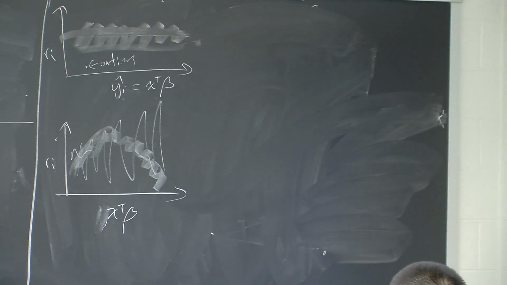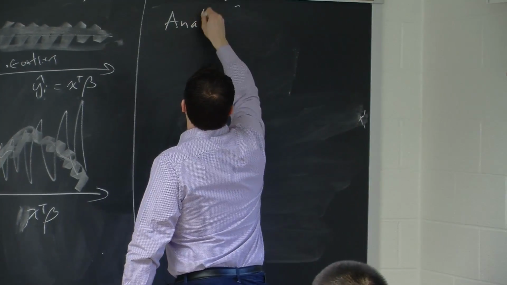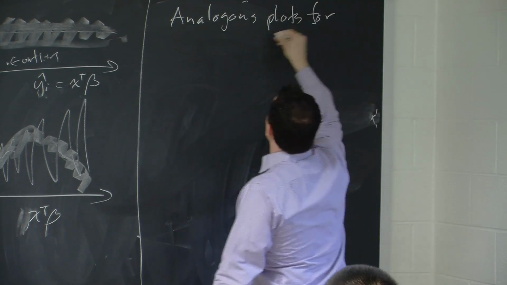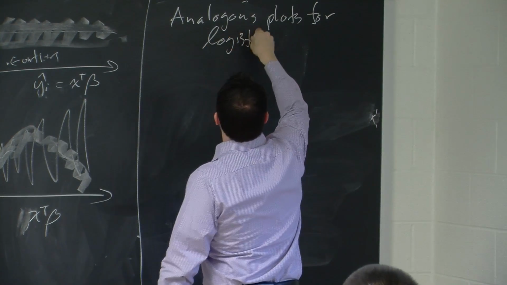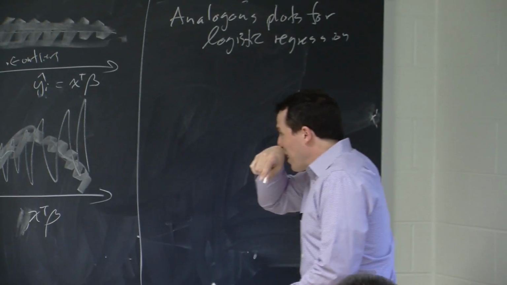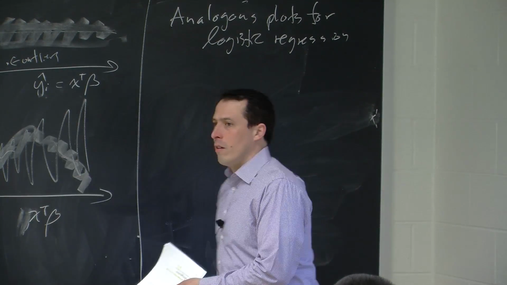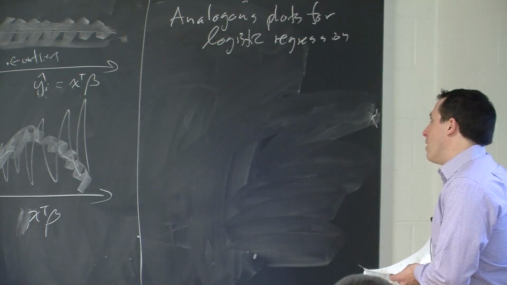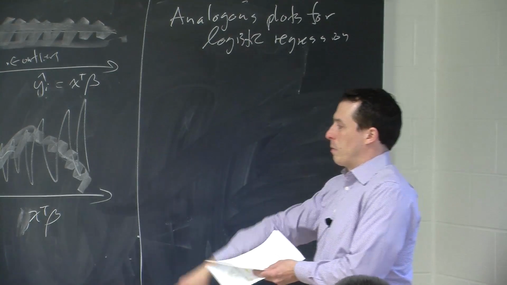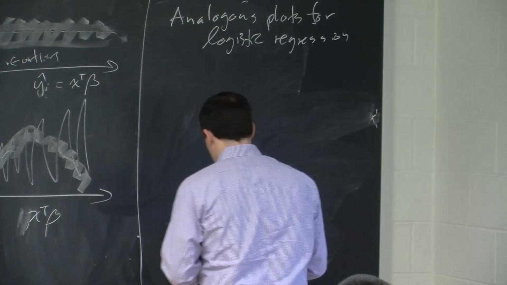So we want to make some analogous plots so we can look at the data for logistic regression. But we're faced with a choice, in that there's nothing quite so natural as a definition of a residual as we have for this case. If the outcome is not this nice continuous variable that's predicted linearly, but is 0 or 1, we have to do something.